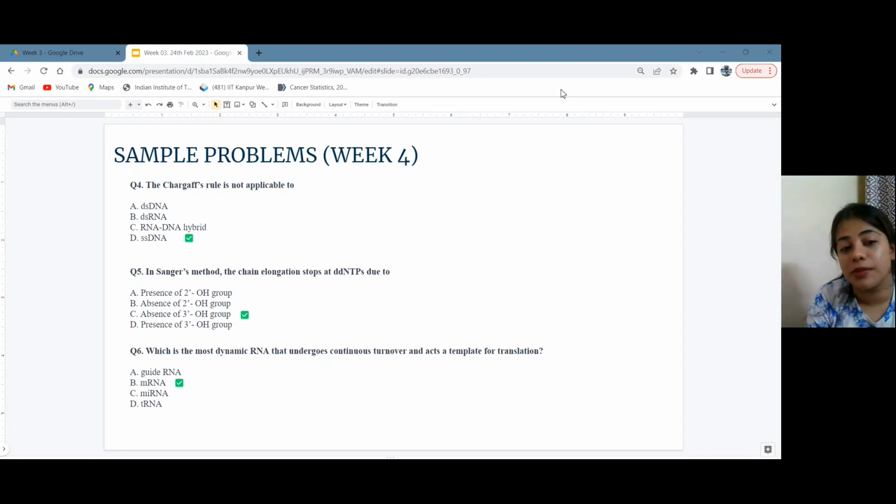And finally, tRNA, as we have previously discussed, they have that clover leaf structure, and they are involved in translation, but they definitely do not act as a template for that process.